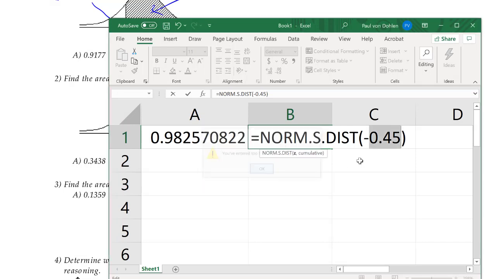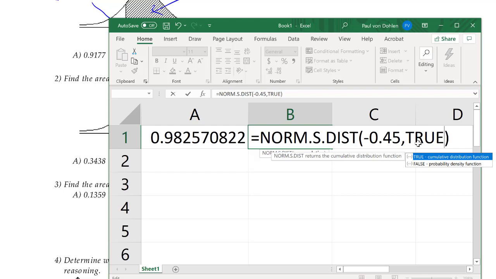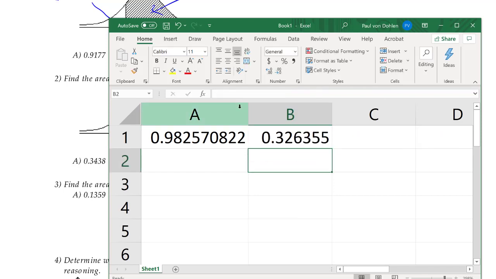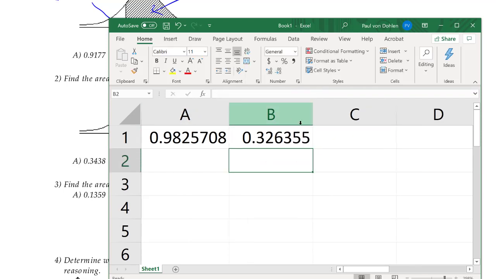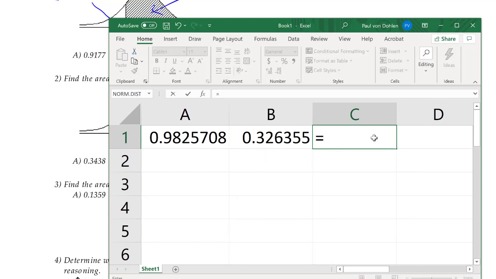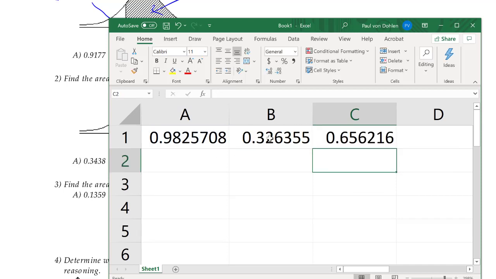Whoops, I forgot the TRUE. And then I could have Excel do the subtraction for me. I'm going to do this one minus this one, and there's what I should get.